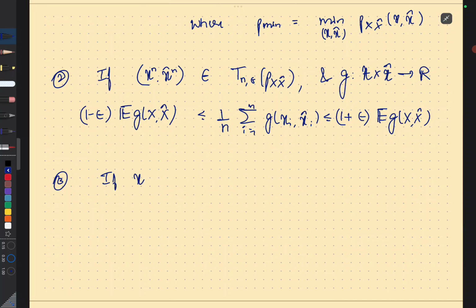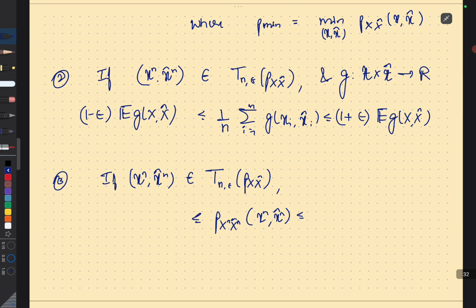Similarly, if you have a pair from the typical set, then the probability of occurrence of that particular pair, what do you think this should be close to?